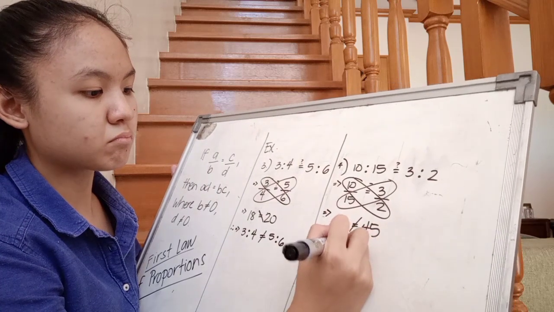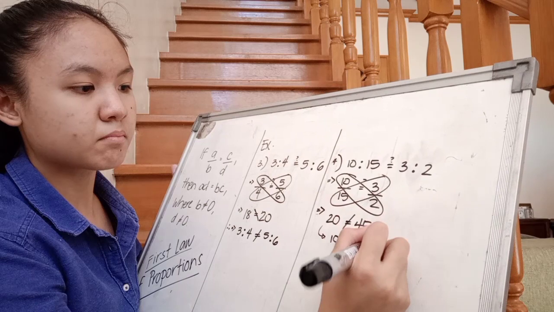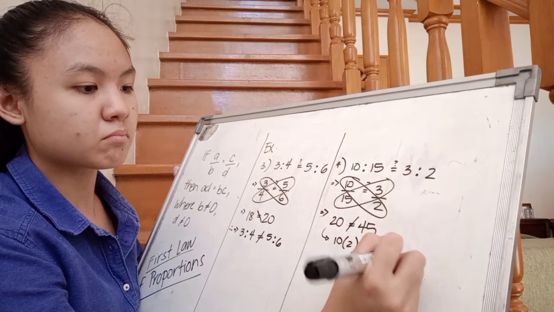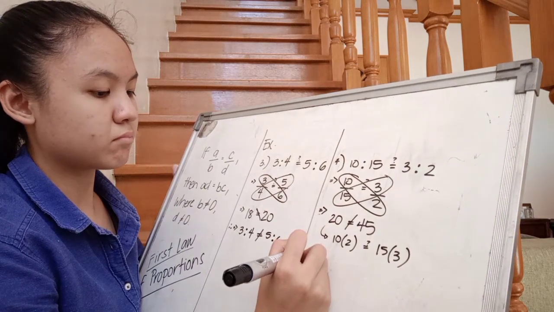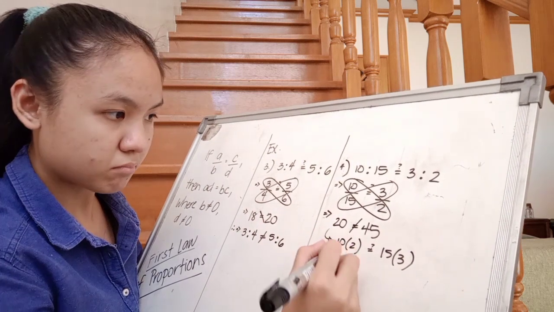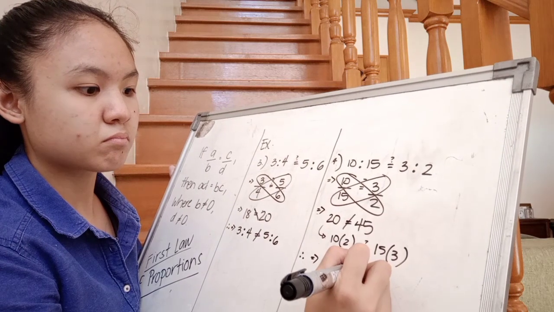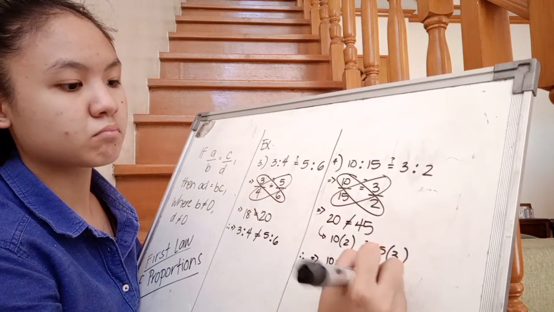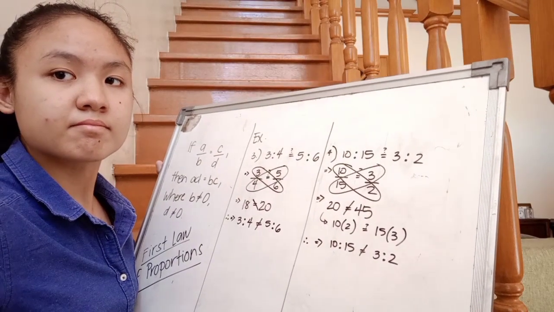We got 20 from 10 multiplied by 2, and we got 45 from 15 multiplied by 3. So, in conclusion, 10 is to 15 is not equal or proportional to 3 is to 2. So in case you didn't see what I wrote, here it is.